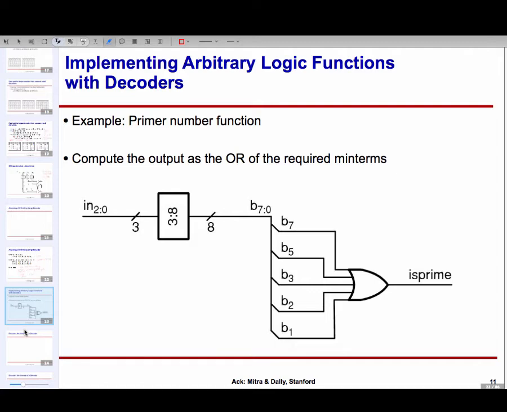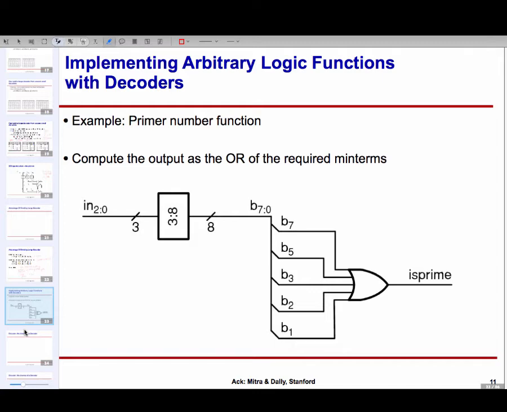So decoders are general purpose, but they always come in this k input, 2 to the power k output form. But I don't necessarily need all the 2 to the power k minterms in any given function. So a lot of them are wasted. So that's a disadvantage. On the other hand, it also has advantages. Let's say in the same module, I needed 2 outputs, is prime and is even.